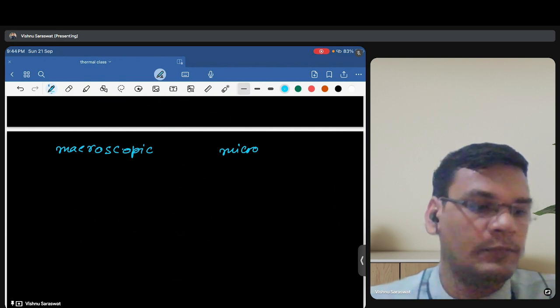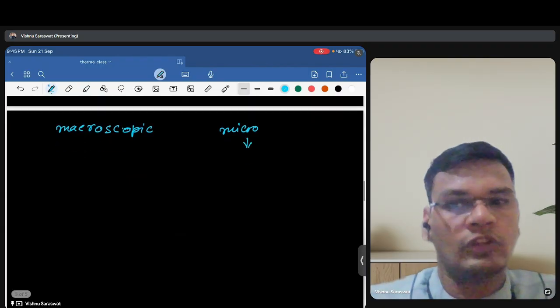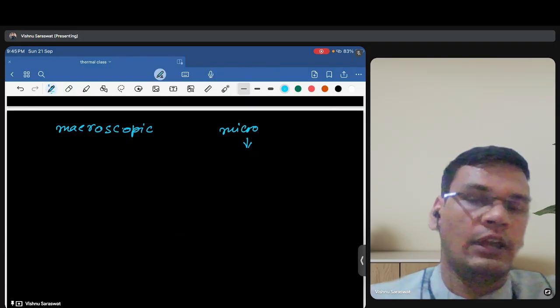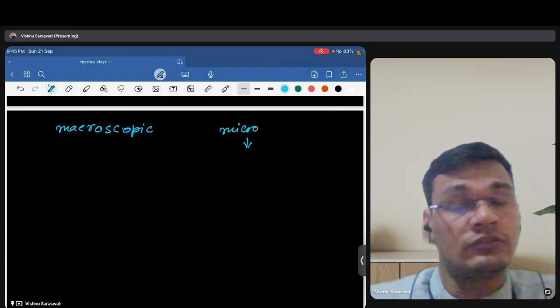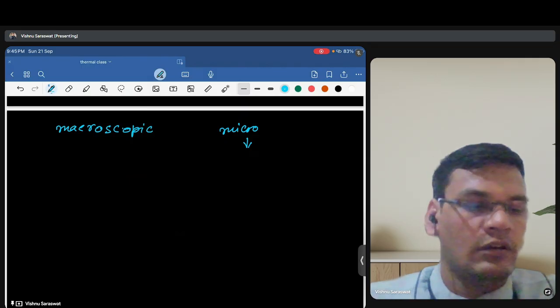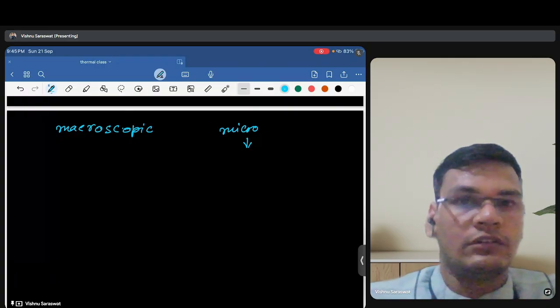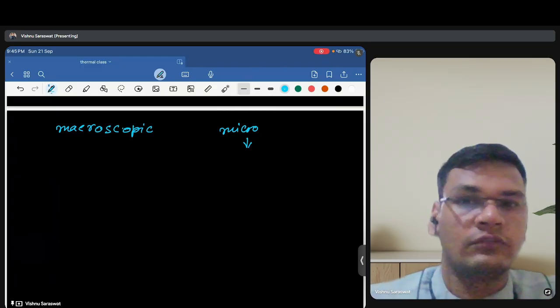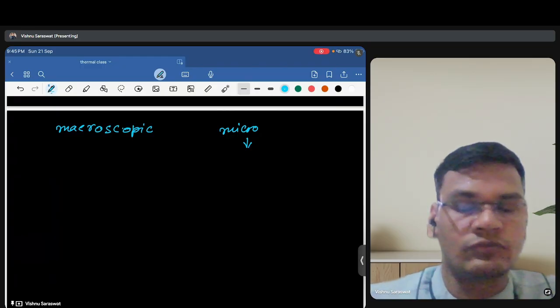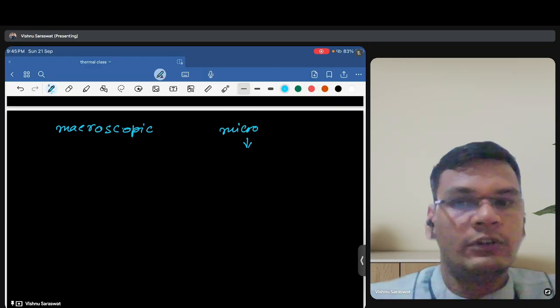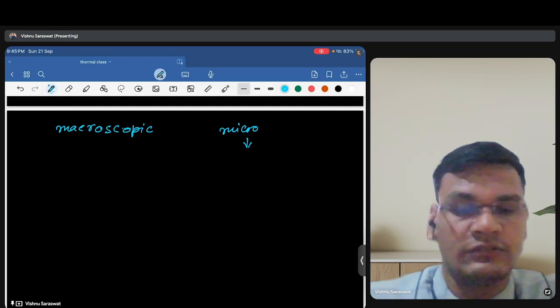For microscopic, we use microscopic cameras or other equipment to see atoms and molecules at the microscopic level or nanoscale. When we go to the nano range, we need a TEM device, a transmission electron microscope. But when we look at cells, we need a microscopic camera.